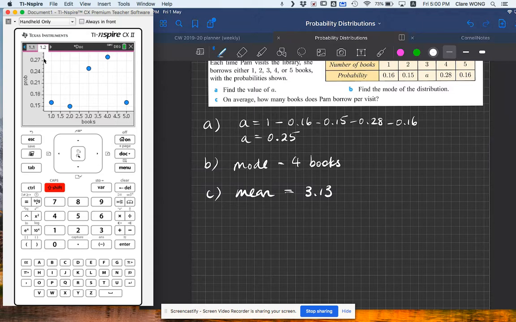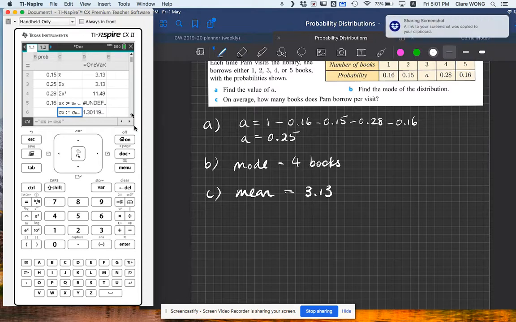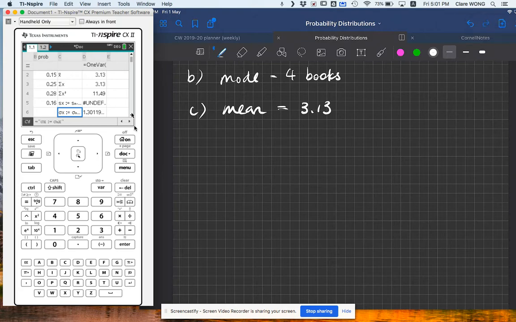Going back to here, apart from getting the mean, we can also get this sigma x, which is the standard deviation, which will come in handy if you're asked. So I might just insert this.